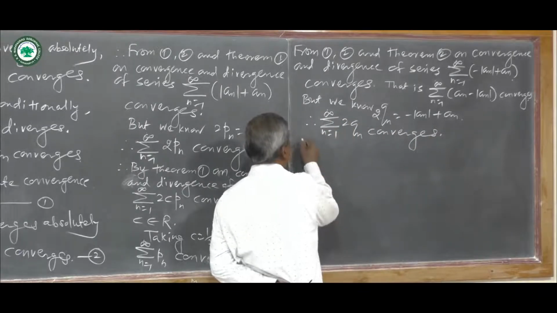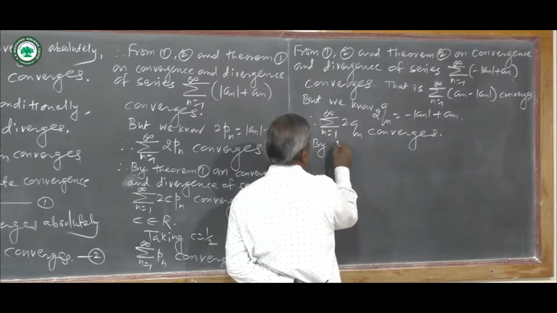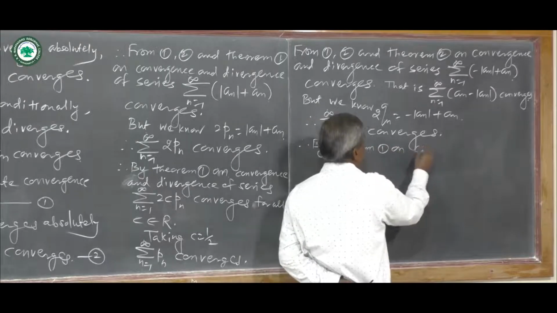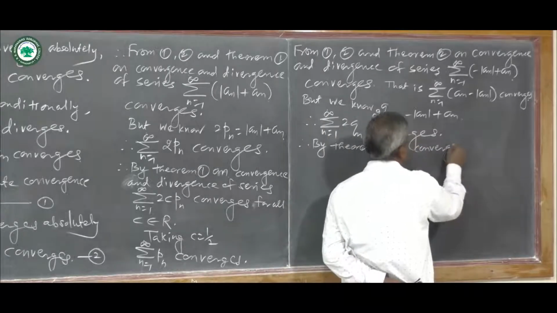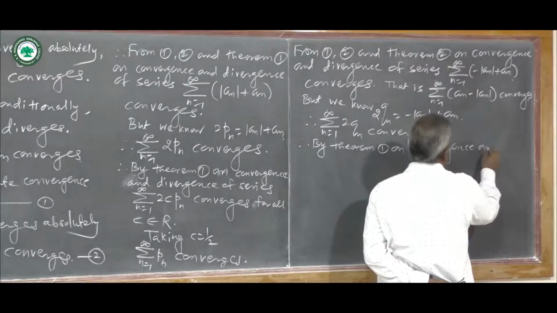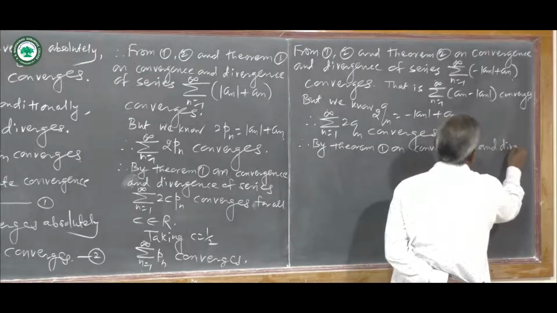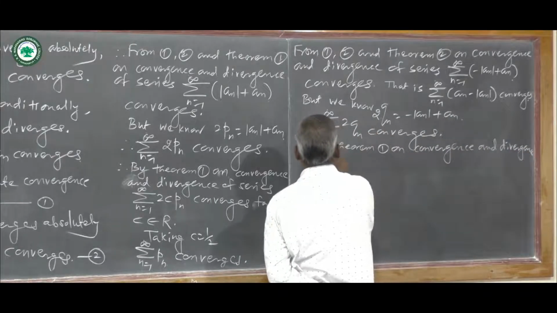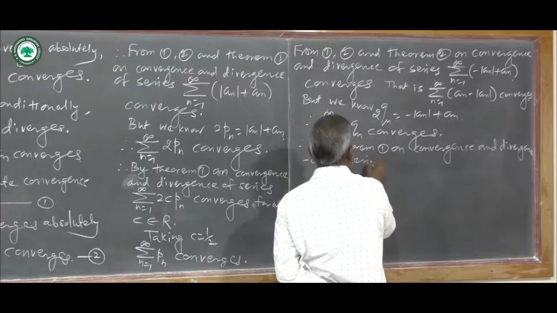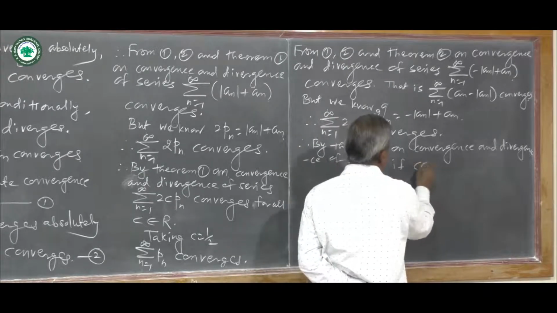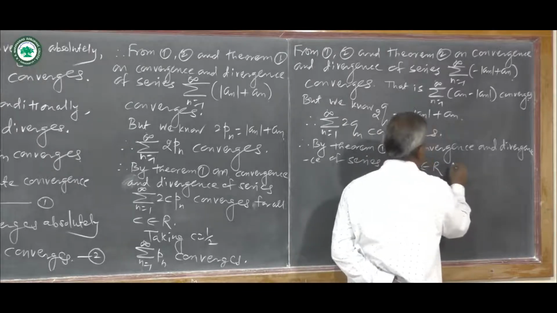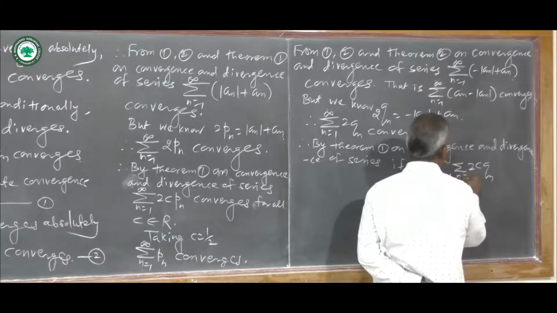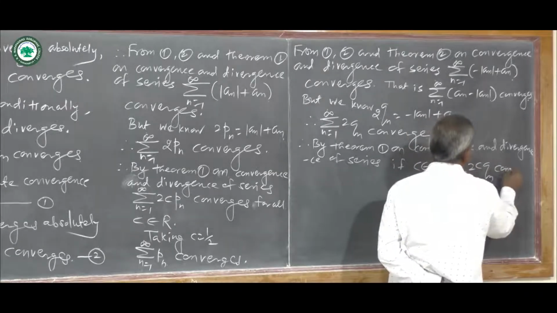Therefore, by theorem 1 on convergence and divergence of series, if C belongs to R, then summation 2C into Qn, n is equal to 1 to infinity, converges.